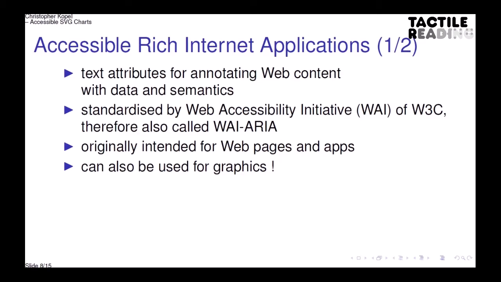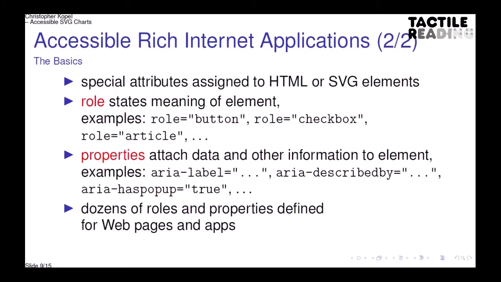It was originally intended only for web pages and web applications, but it can nowadays also be used for graphics. So how does this work? To assign any semantics or any other information to, let's say, an HTML or an SVG element, you have to attach a text attribute out of the ARIA set.